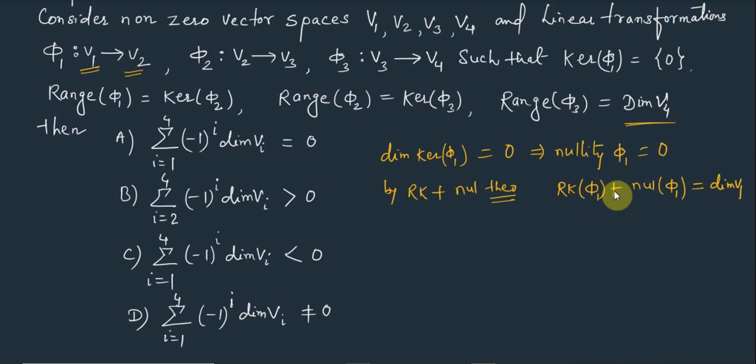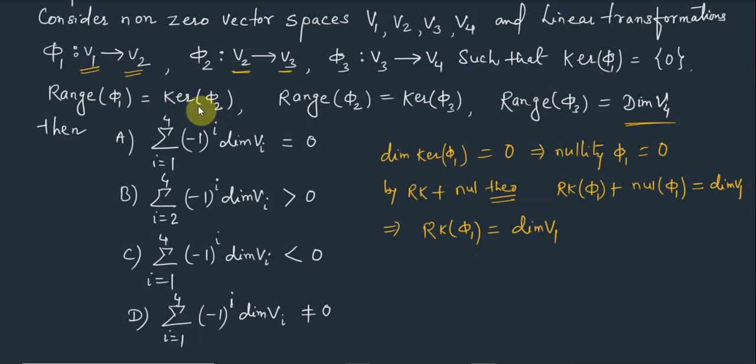Now nullity of phi1 is equal to 0, so rank of phi1 is simply the dimension of V1. Now move to the next, phi2 from V2 to V3. For phi2, range of phi1 is equal to kernel of phi2.